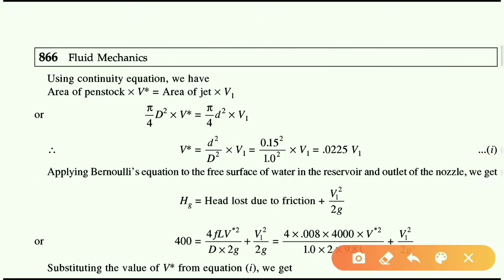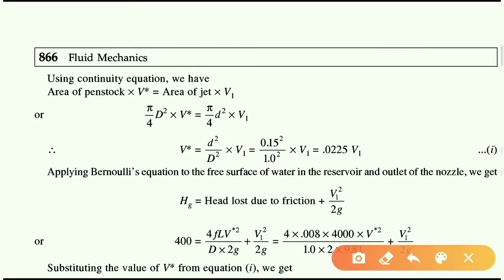The discharge through the penstock is equal to the discharge through the nozzle, means at the inlet of the turbine, whatever discharge through the nozzle will be there can be given as the area of the jet multiplied by its velocity. So the area of the penstock, pi by 4 capital D square, multiplied by V star is equal to the area of the jet, pi by 4 small d square, into its velocity V1.